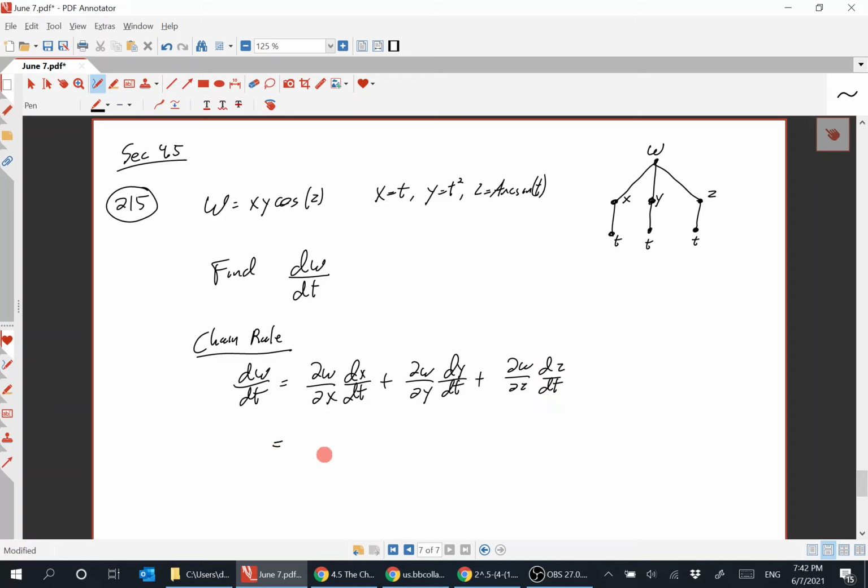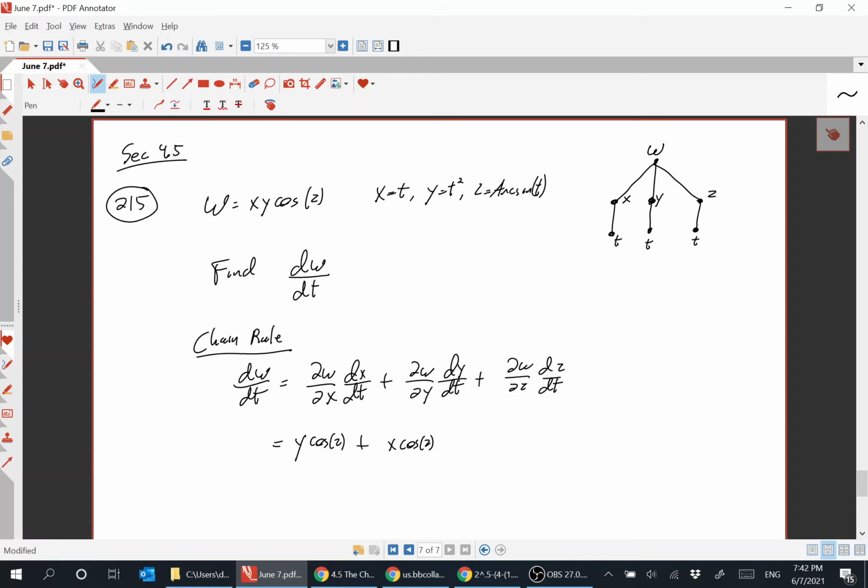So what do we get in this case? We get partial of w with respect to x, right? So x is the variable, y and z are constant. So partial of w with respect to x is just a constant times x. So the partial derivative is that constant, which is y cosine z, and then dx/dt, which is just 1. dw/dy is x cosine z, because x cosine z is constant and y is the variable.